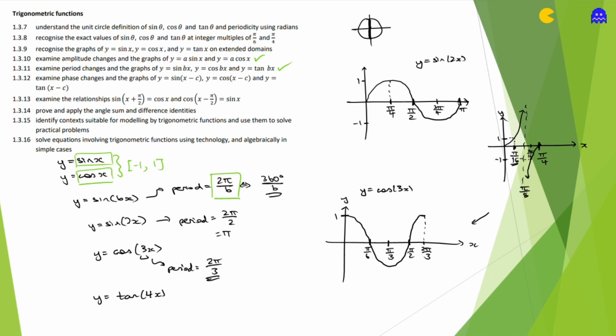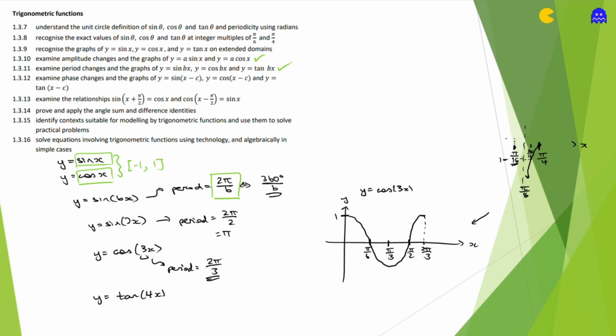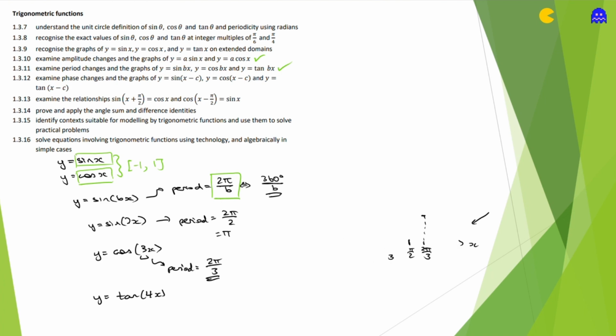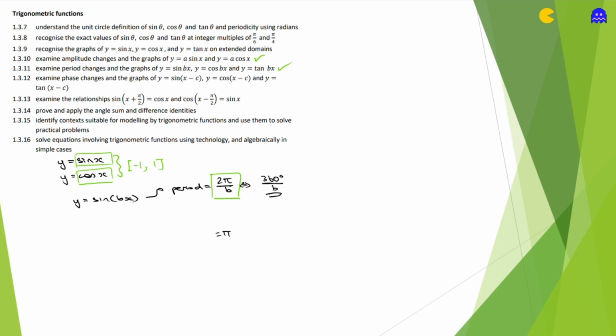Okay, so now we've had a look at the period graphs, we've looked at amplitude, and now we can have a look at phase shifts, which are known also as horizontal translations. When it comes to horizontal translations, we can have horizontal translations in either the positive or the negative direction, and this will be given by these values as are shown in the syllabus here.